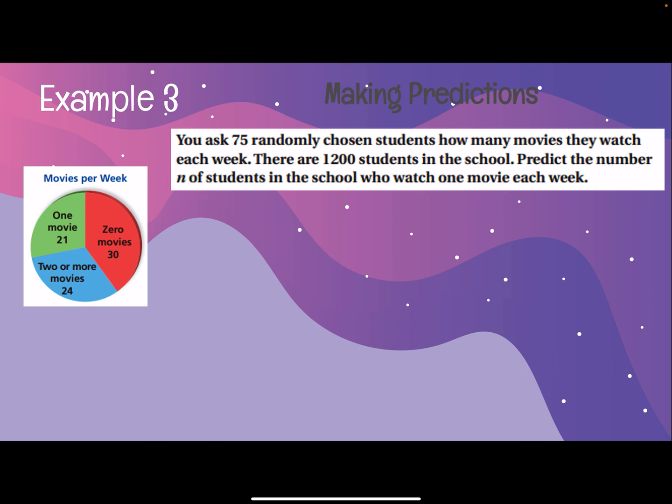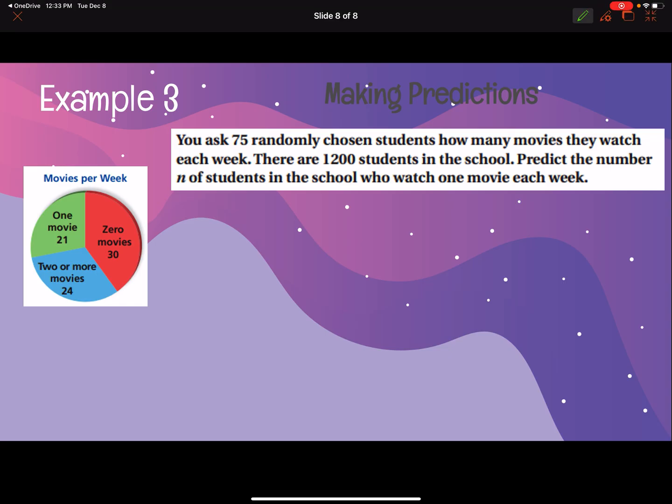Example 3, making predictions. You ask 75 randomly chosen students how many movies they watch each week. There are 1,200 students in the school. Predict the number N of students in the school who watch one movie each week. Now, over here, we have a graphic that we can go by as well.